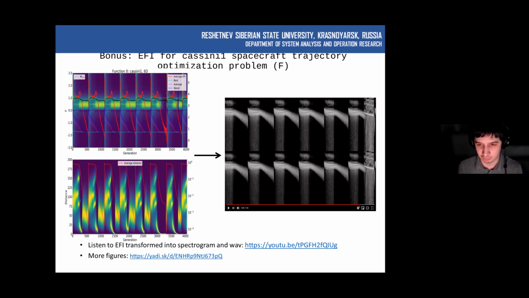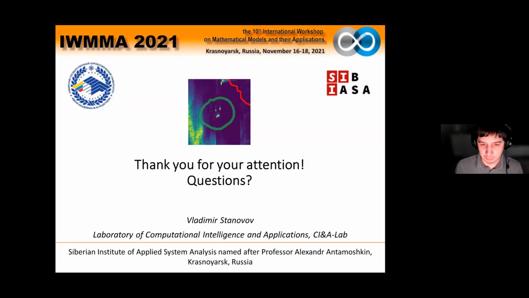And then you can listen to how the parameter adaptation in your algorithm works. And not only parameter adaptation, you can listen to the distance histogram in your algorithm. So here is a link on the screen that you may follow and listen to how parameter adaptation in differential evolution performs. This is Cassini spacecraft trajectory optimization with multi-start. So thank you for your attention, and I will be glad to answer any of your questions.